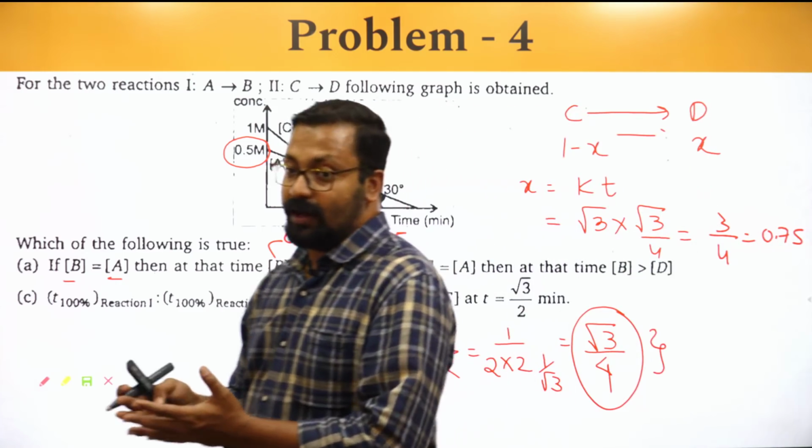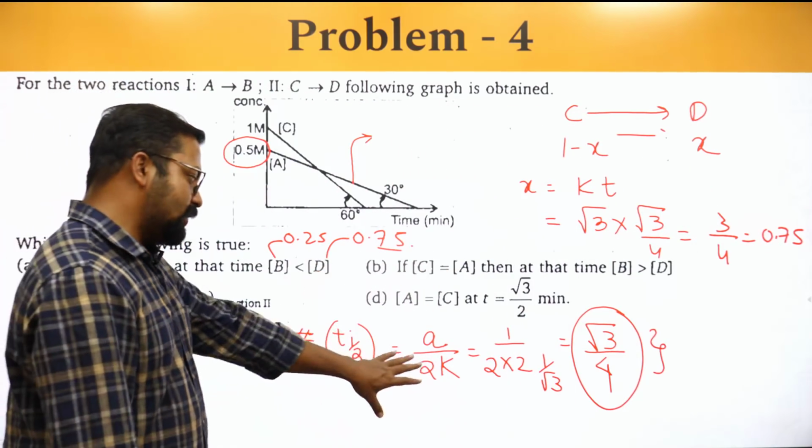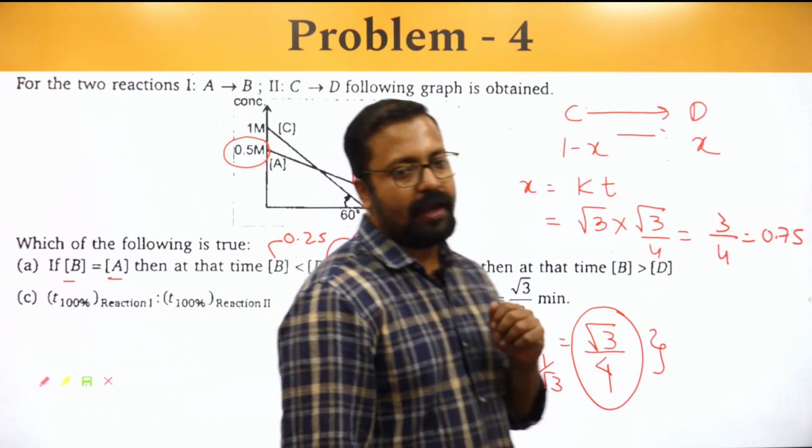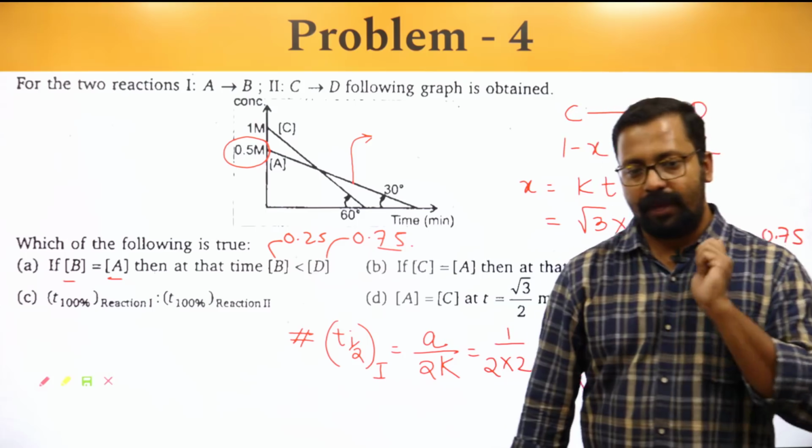If you are appearing for advanced, it is important that you know these formulas. T half for a zero order reaction is A by 2k.